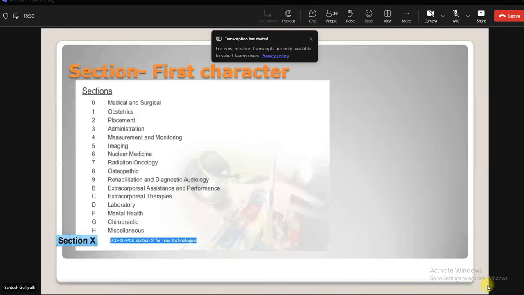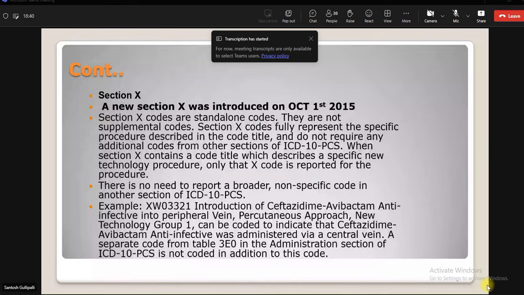The next one, the second character, is body system. These are all the body systems and possible character values. You do not need to remember the character values.